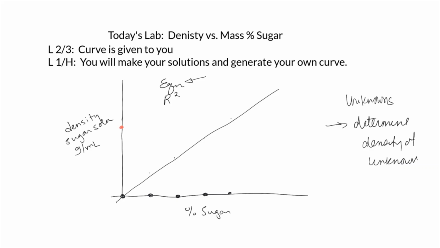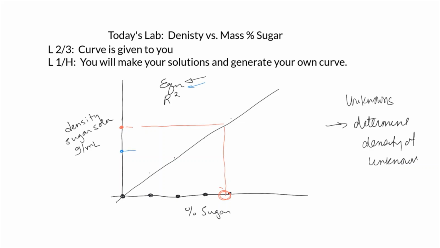And so let's say your density is right here that you have determined in the lab. You are going to come across till you hit your line. You're going to come down and you will read the value off the graph. And let's say the density of your second solution is here.